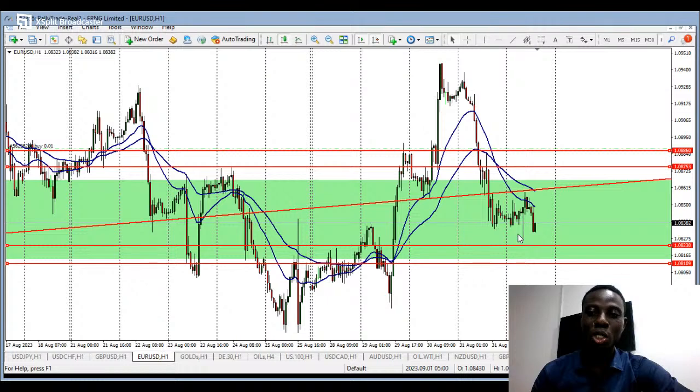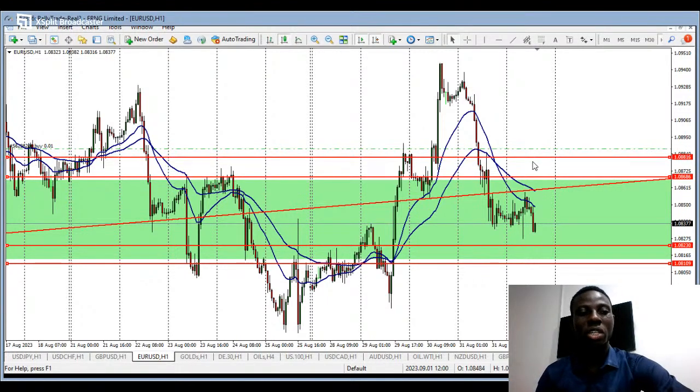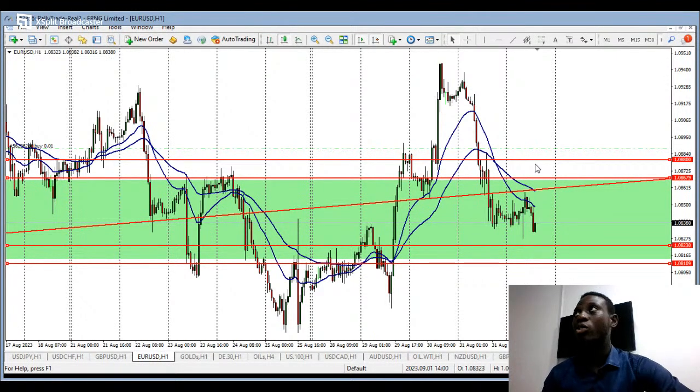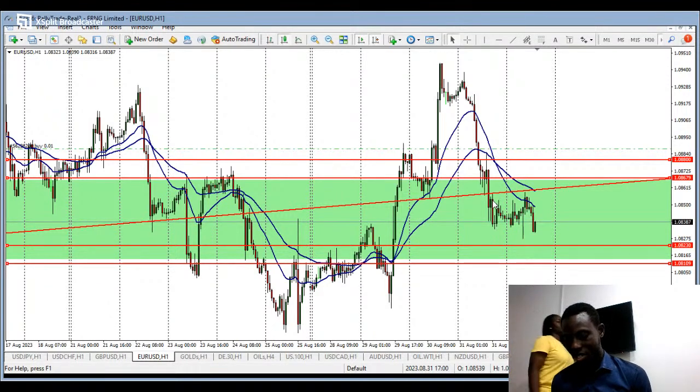EURUSD. If you can see my screen, you can pick the entries as you are seeing them there. For EURUSD, my buy stop, I'm actually expecting bad data for USD.